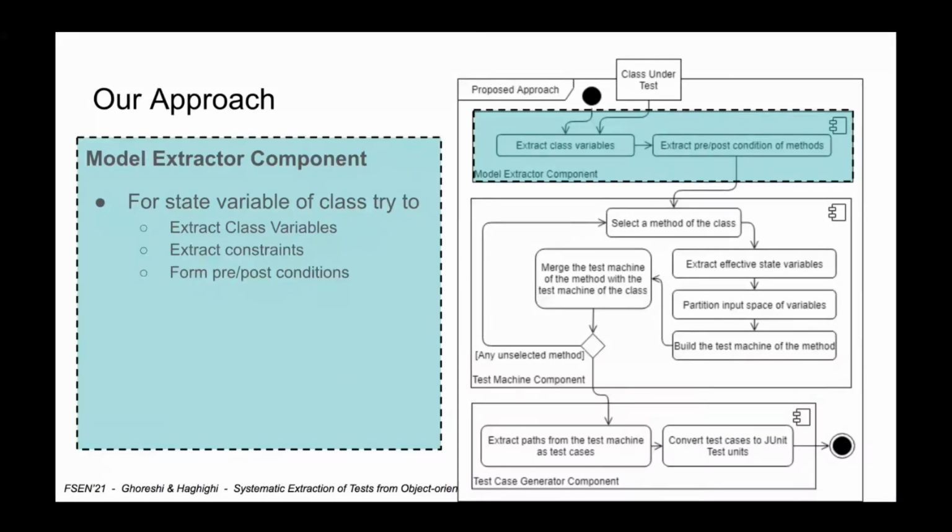The state variables, or I mean class fields, and related constraints and conditions are extracted from the class under test. And also the precondition and postcondition of each method can be extracted by this component.